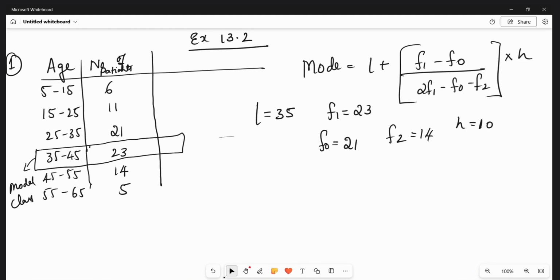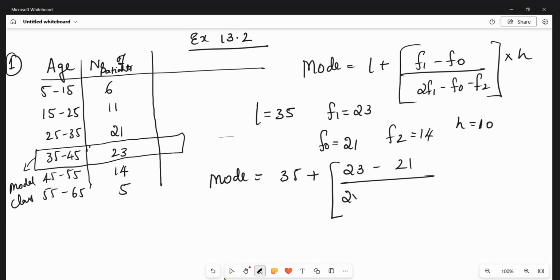So this problem, what we will get, mode is equal to L is 35 plus F1 23 minus 21 by 2 into 23 minus F0 is 21 minus F2 is 14 into H, that is 10.